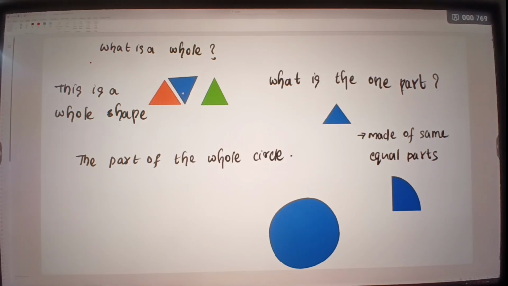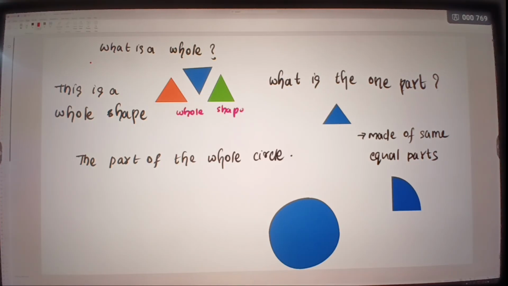It is made up of three different triangles. All these three parts, when joined, give you a whole shape like this. They are equal in size.